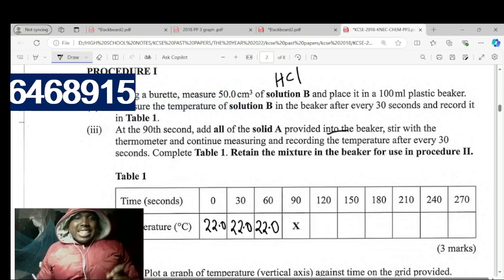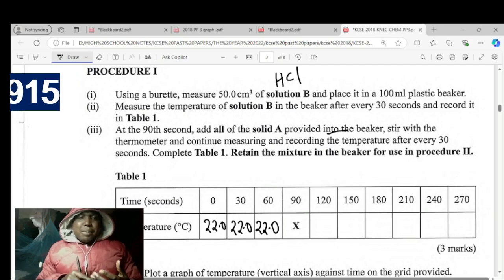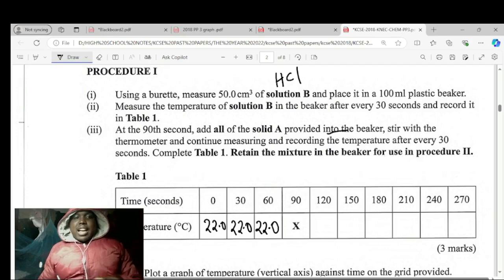So immediately it reaches 90, that is 30 seconds, 60, and then 1 minute 30 seconds, that is 90 seconds, you add the solid A, magnesium. And then from there, the temperature will rise.